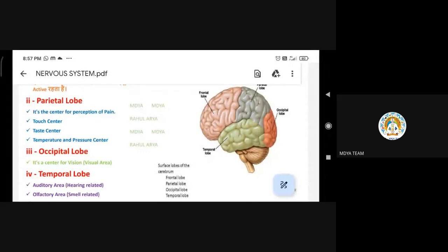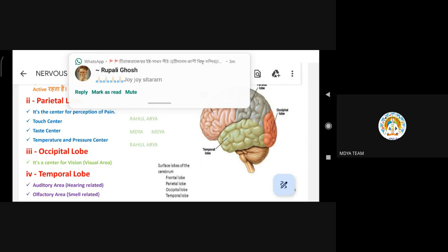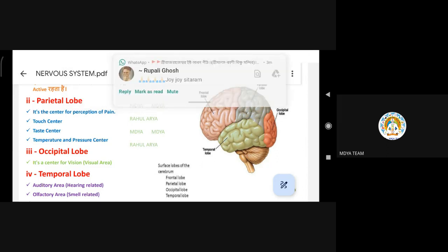And the next is the occipital lobe, which is the center of vision. That is why it is said that you should not beat anyone on the back of the head. Just below the occipital lobe the cerebellum is present, and the occipital lobe is also a very important part of the brain.